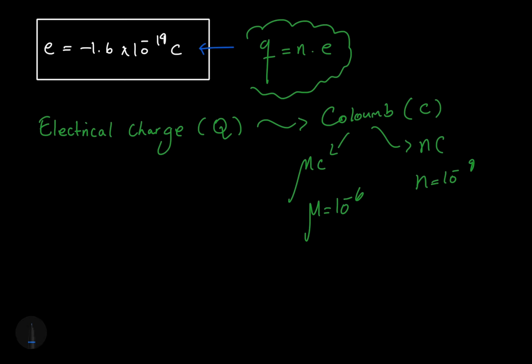In this situation, E is clearly a constant number, and N is simply the number of electrons.